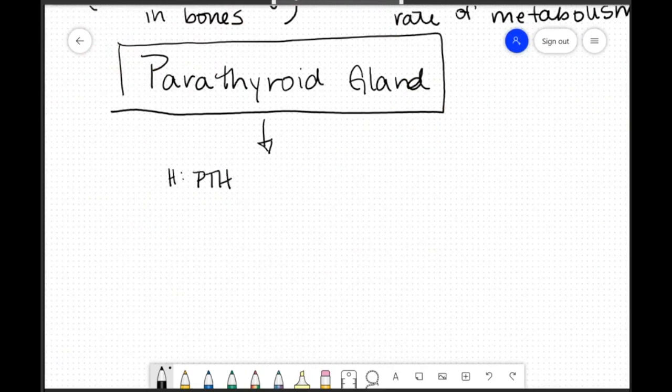So the hormone you need to know that is produced and released by the parathyroid gland is PTH. Super easy to remember because the name of this guy is parathyroid hormone. That was easy. The parathyroid hormone is also going to be responsible for regulating calcium levels in our blood.